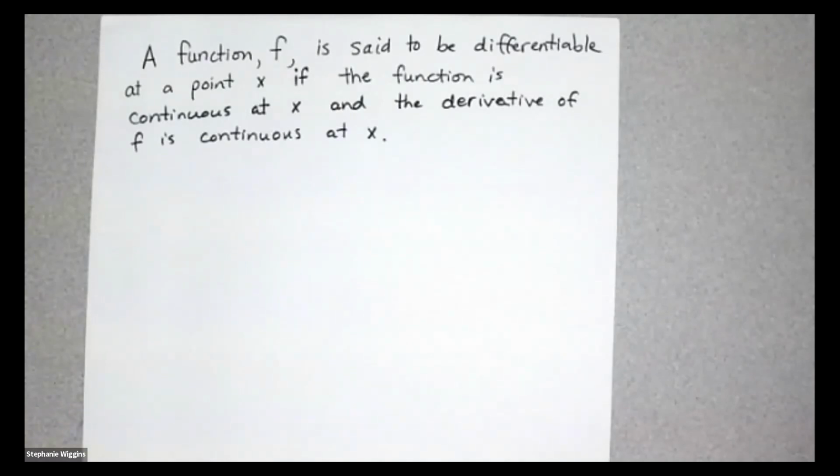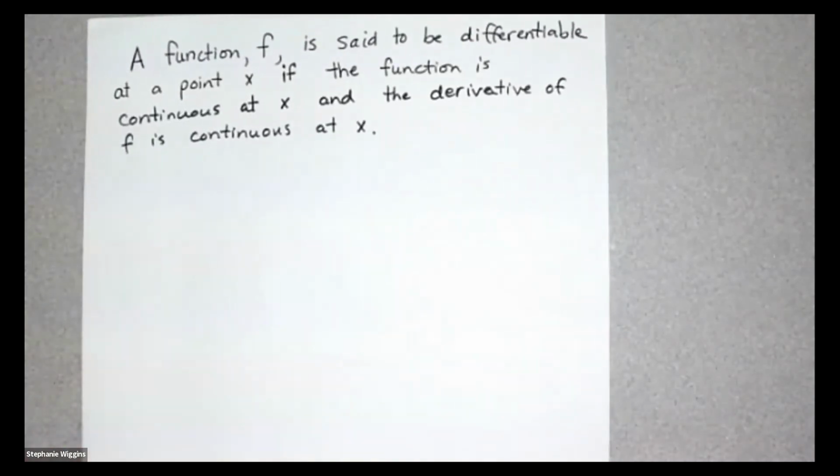It has to be smooth, okay? So in addition to being continuous, it also has to be a smooth curve. Well, what do I mean by that? So let's just look at some examples, and this will shed some light on this idea of differentiability.